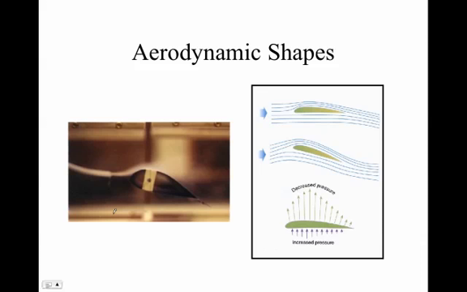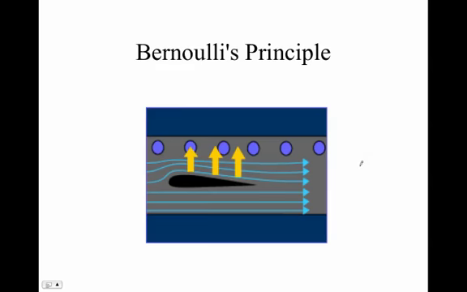And we use aerodynamic shapes through fluids to help create more laminar flow. So nice streamlined shapes like the airfoil on a wing of an airplane help create better laminar flow than turbulent flow.